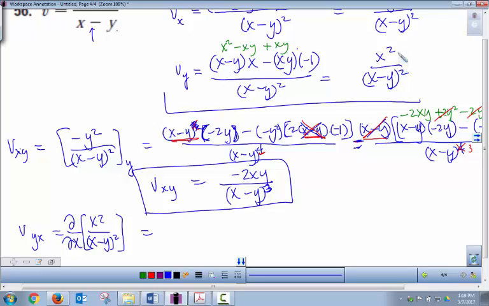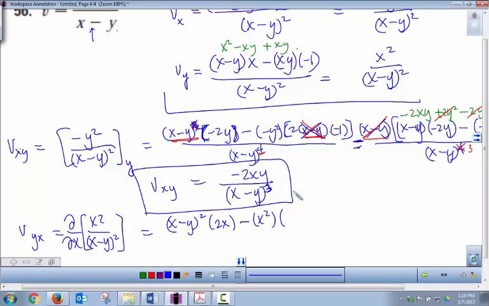Now we're going to treat this Vy function as a function and then take the derivative with respect to x. So clearly it's an x on top, x in the bottom, another quotient rule. So low d high minus high d low.